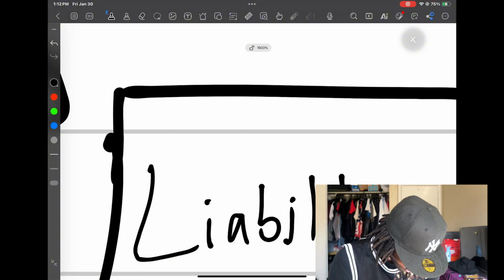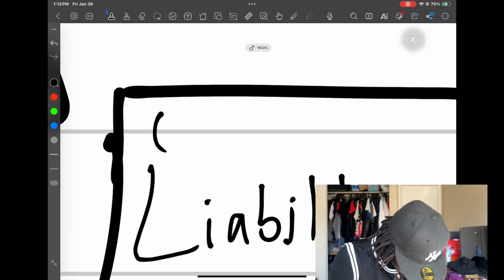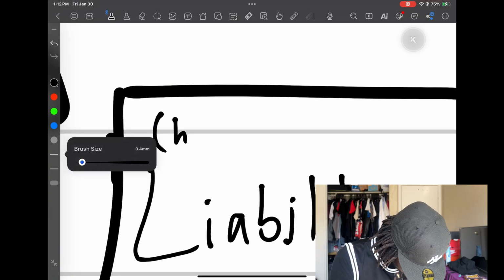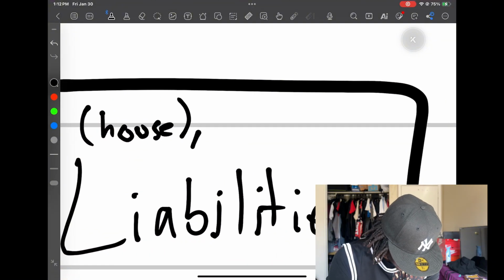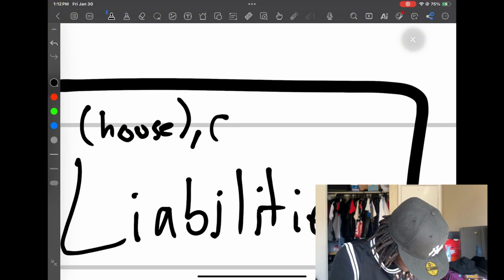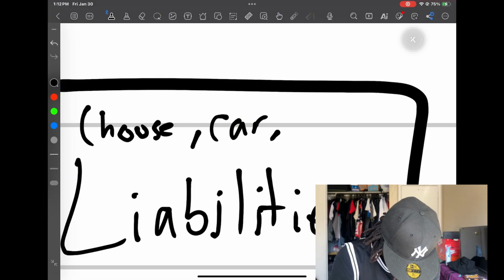So a liability would be like your own house, car, and etc.